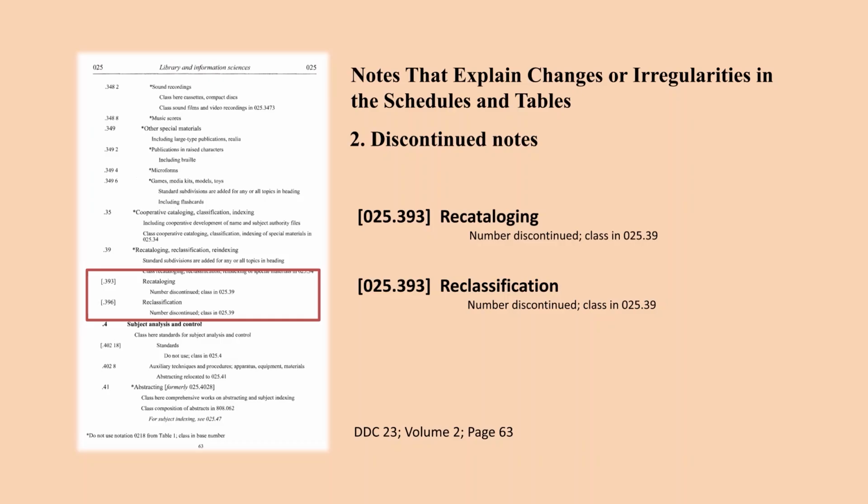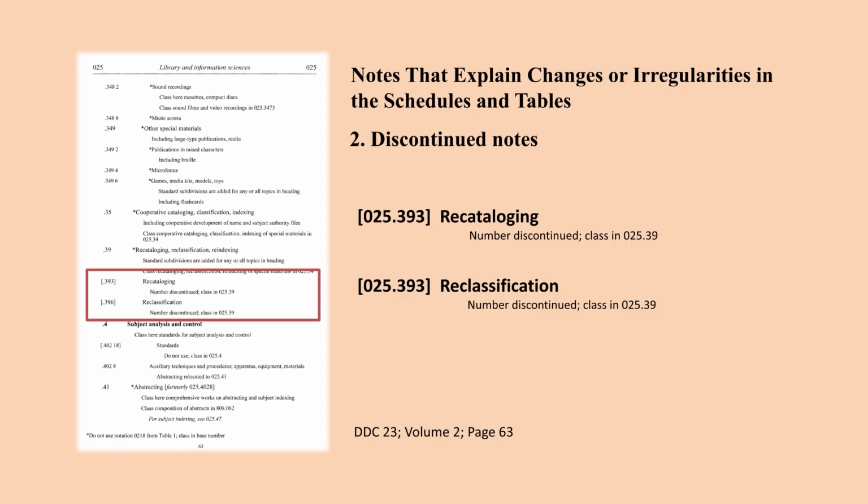Such example you can find in the page number 63 of volume 2, where the two numbers 025.393 that is recataloguing and 025.396 that is reclassification have been discontinued and assigned to a new class in a broader class that is 025.39.